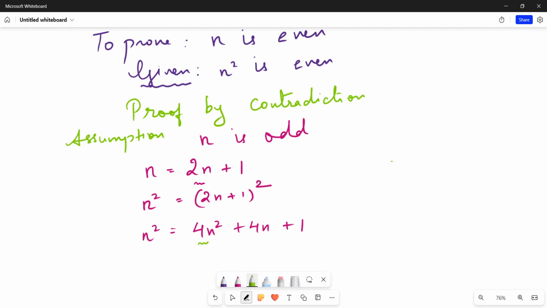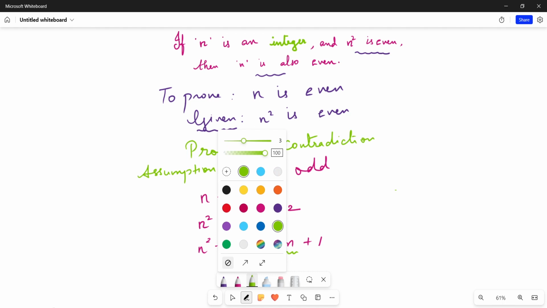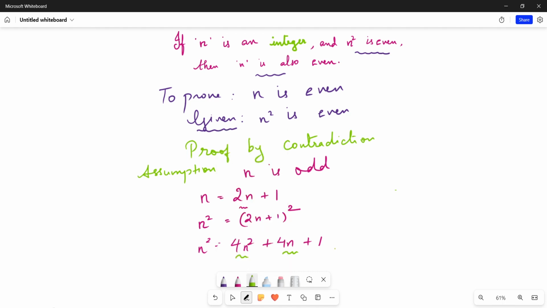You have one term 4n squared, which is an even number because it's a multiple of 4. Now this term 4 into n is also an even number, being a multiple of 4. Addition of 4n squared plus 4n is even. So when you add 1 to this, it is clearly an odd number. So now all this indicates that n squared is odd.